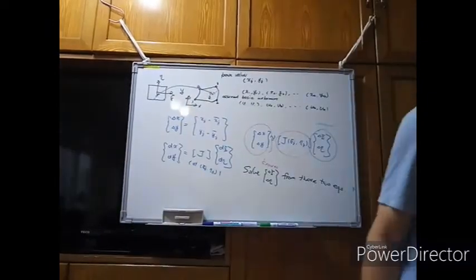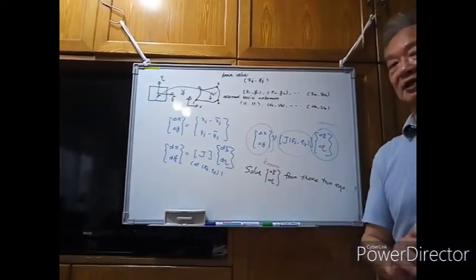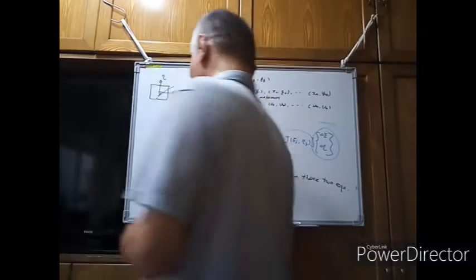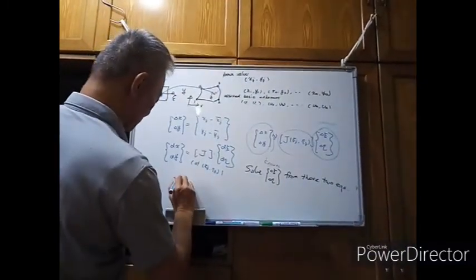After we solve the delta C and the delta eta, then we can get the second trial C.